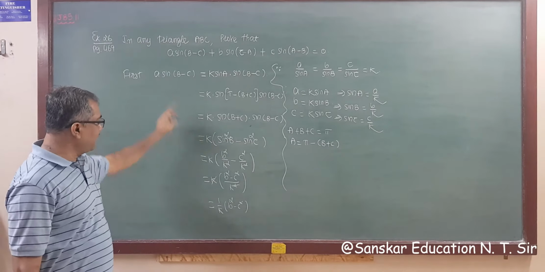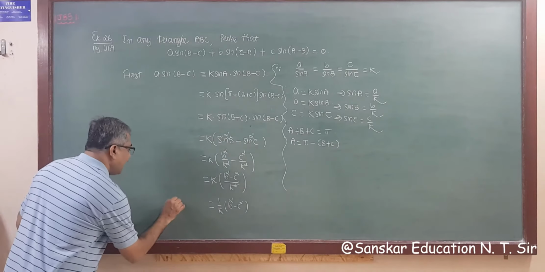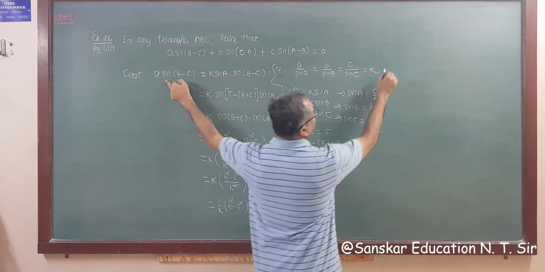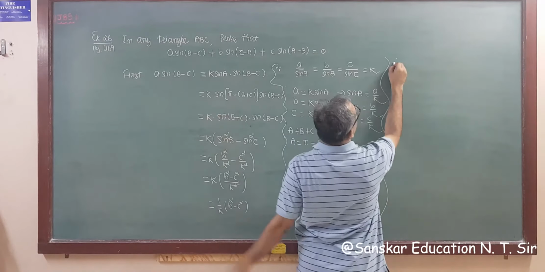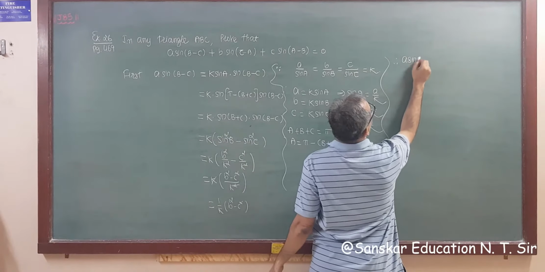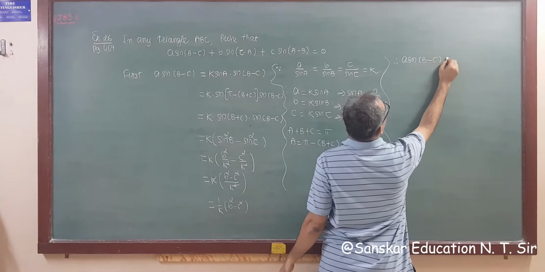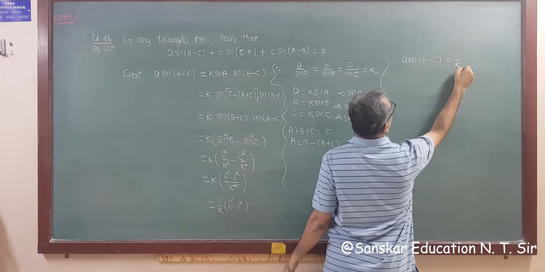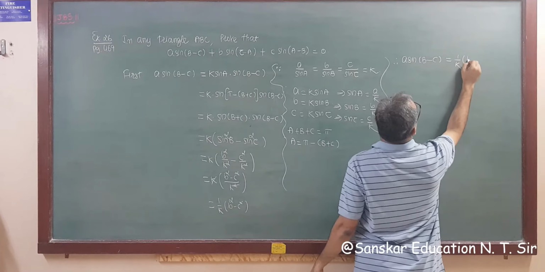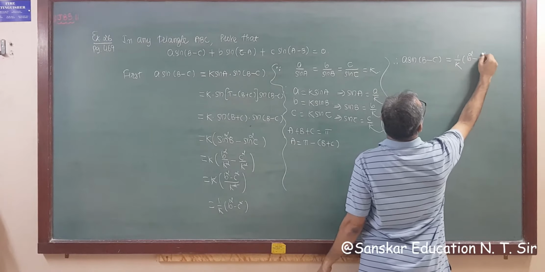So this is the simplification for a sin(B minus C).